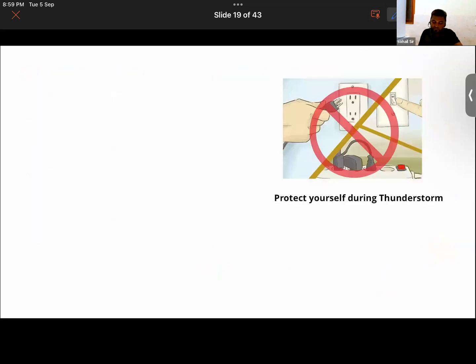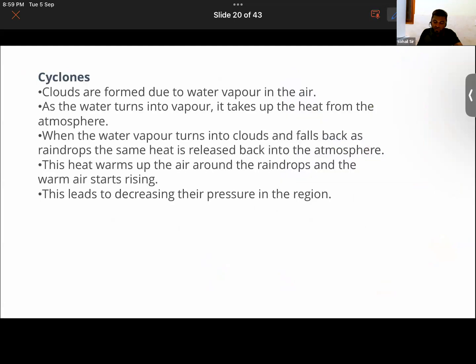Getting it now? Earlier people used to die of lightning, but nowadays there are very few cases, one or two in a year. Now the question is about the cyclone, the topic which we are going to study.